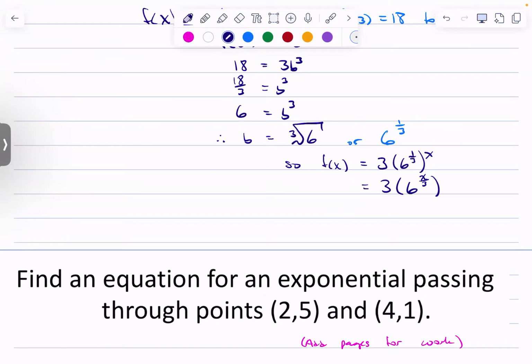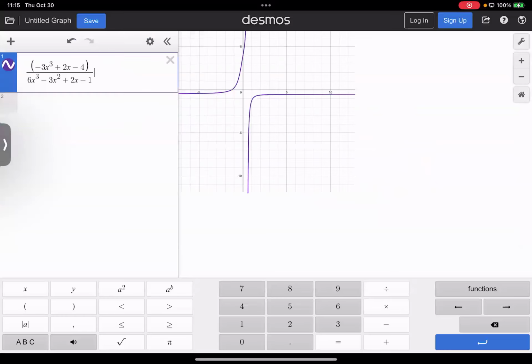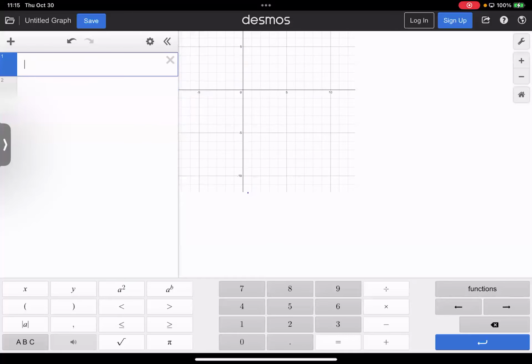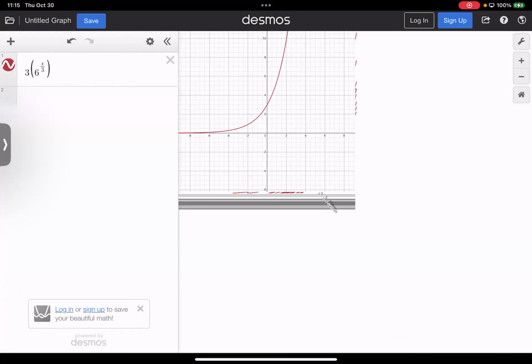Guess we can graph it to make sure. Three times 6 to the power of x divided by 3. Oh, my Desmos is acting up, of course.